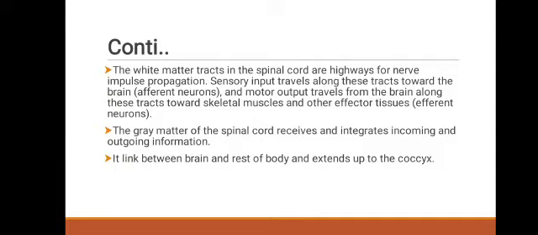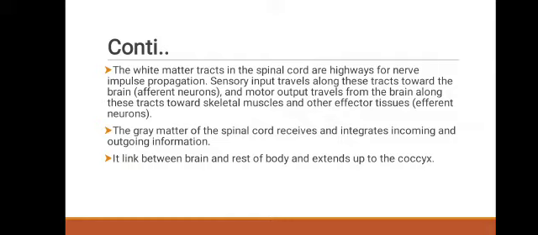Next one, motor output travels from the brain along this tract toward the skeletal muscle and other effector tissue, or the efferent neuron. Then what is an efferent neuron or motor neuron, which we can call a descending nerve? These nerves convey impulses from the brain and spinal cord to the other parts of the body.